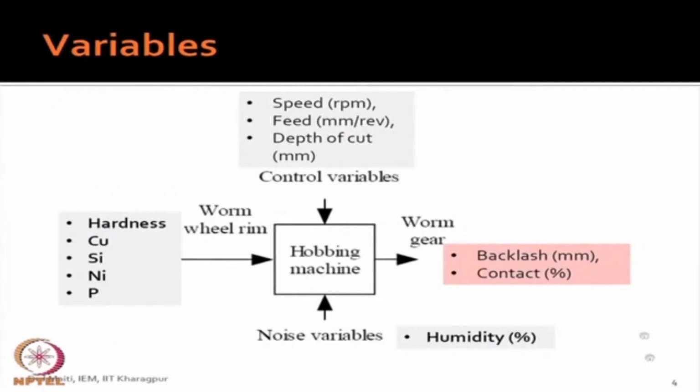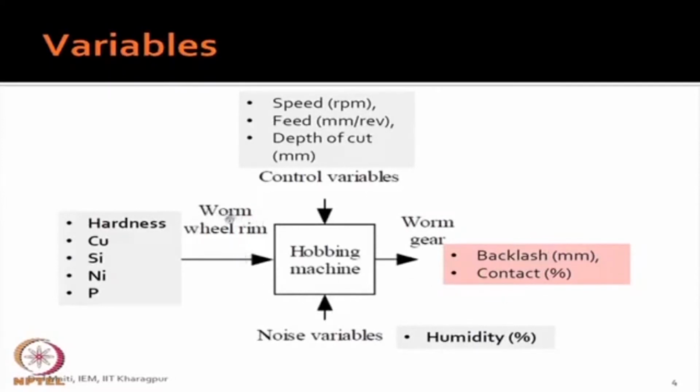Now see the schematic diagram of the entire process. This is the hobbing machine, and worm wheel rims are the input to this machine. This machine basically cuts the gear teeth, and from the gear teeth point of view, backlash and contact are the two important quality variables.